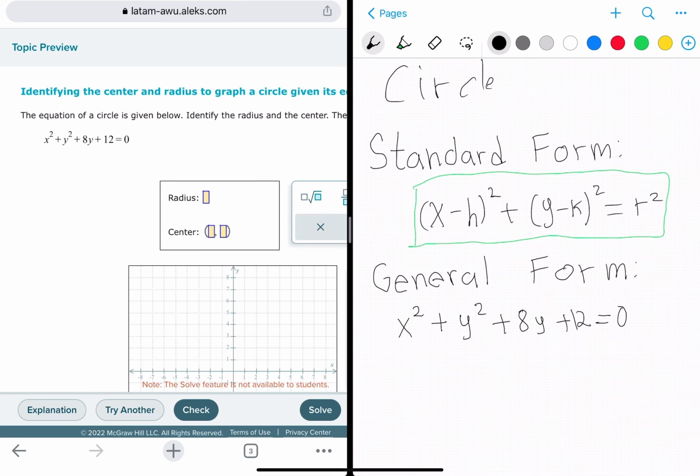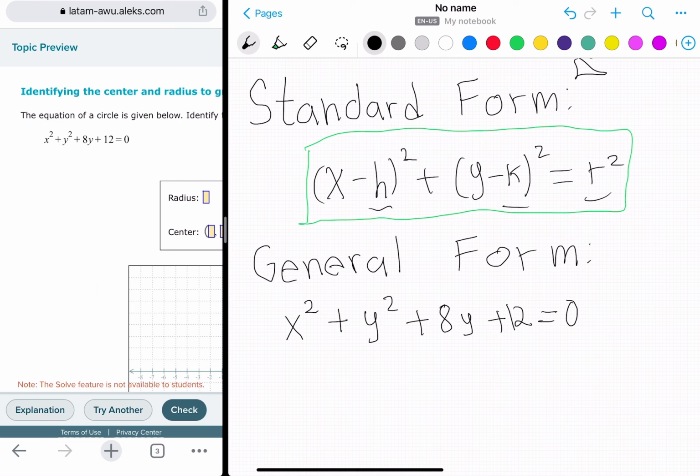So we can do that. If we had this in the standard form, we could do that easily by taking h, k, and r. But we don't have that. Since we don't have that, we want to find a way to take our equation from the general form to the standard form. How are we going to do that?